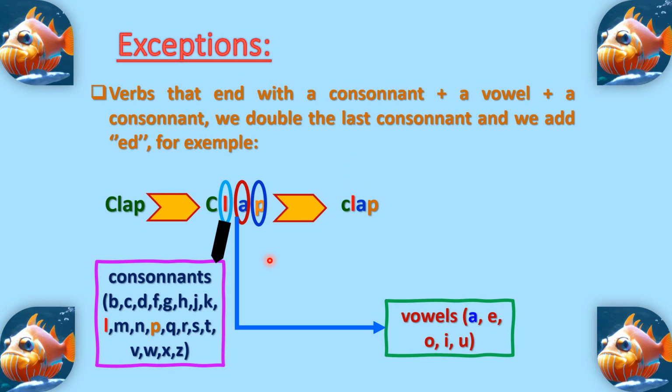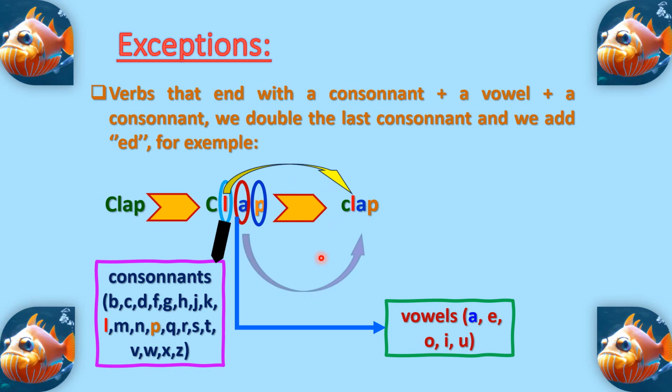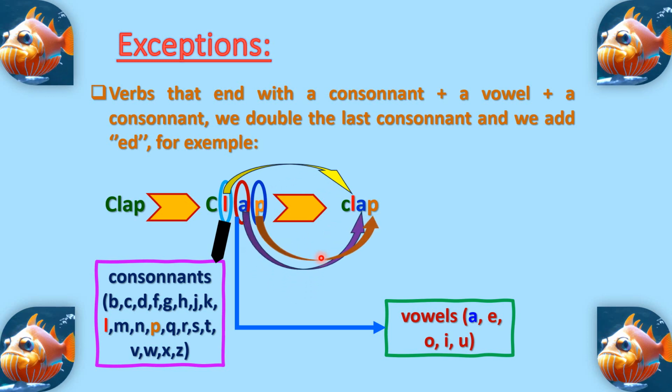Look at clap: L, A with A, and P with P. This is the rule. We double P, and we add ed to the end of the verb, in order to have the simple past and the past participle of the verb to clap.